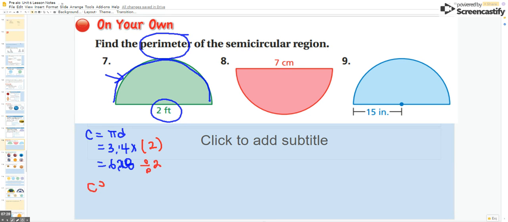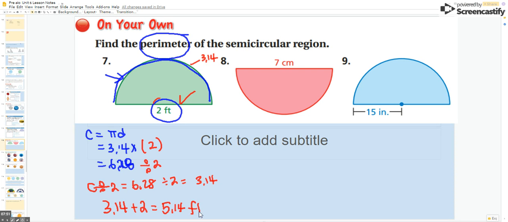So C divided by 2 because it's a semicircle, and you see that it's going to be 3.14. And then you need to add these two too. So 3.14 plus 2, which is 5.14 feet. Make sure that you keep the unit.